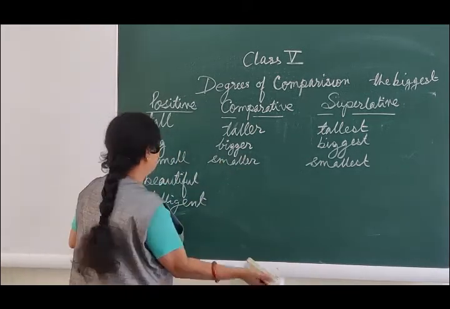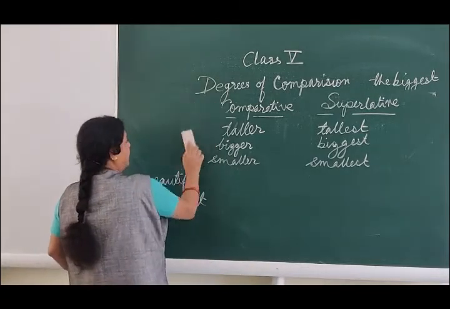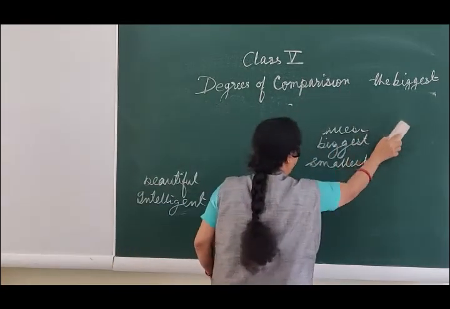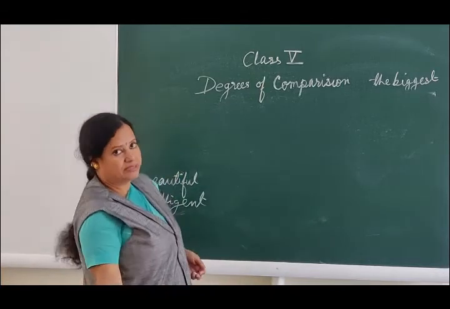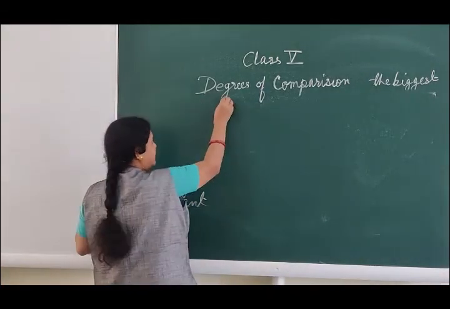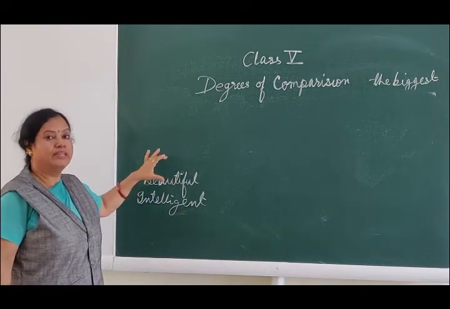Now let us understand what is syllable and how to write the degrees of those words which is having more than 2 syllables. So syllables means when you see in dictionary, you are watching that words are broken in different parts.